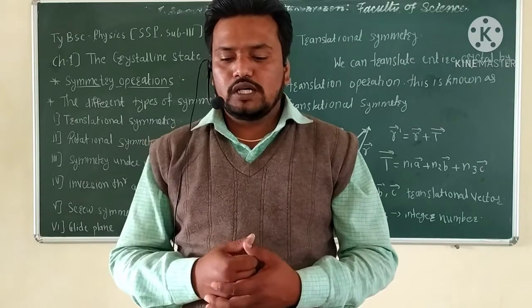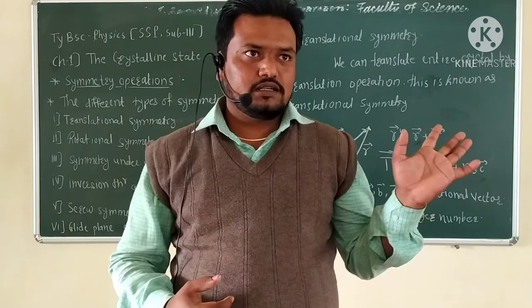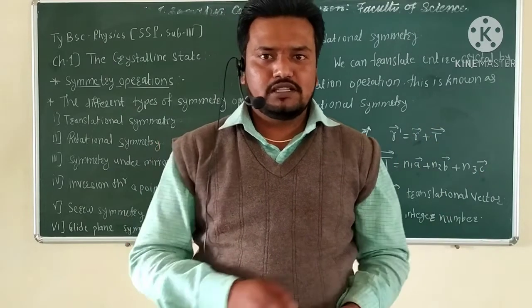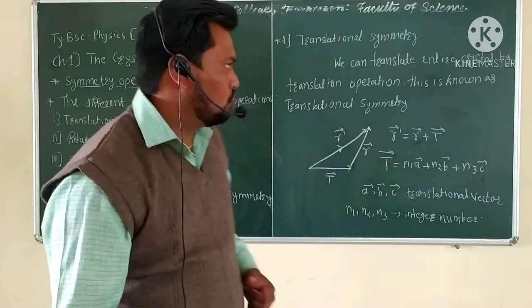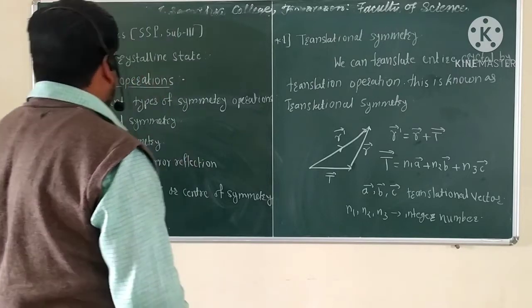So that is the formula obtained. For example, an equilateral triangle has threefold degeneracy. So we want to see here the rotational symmetry. That was the translational symmetry.